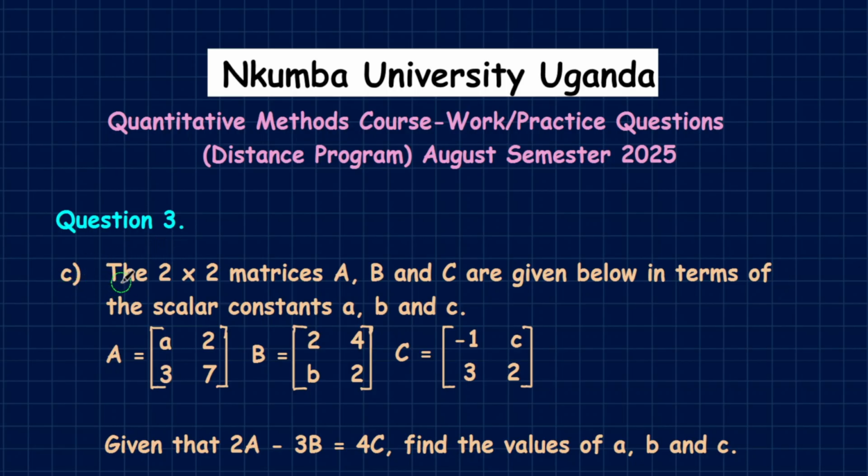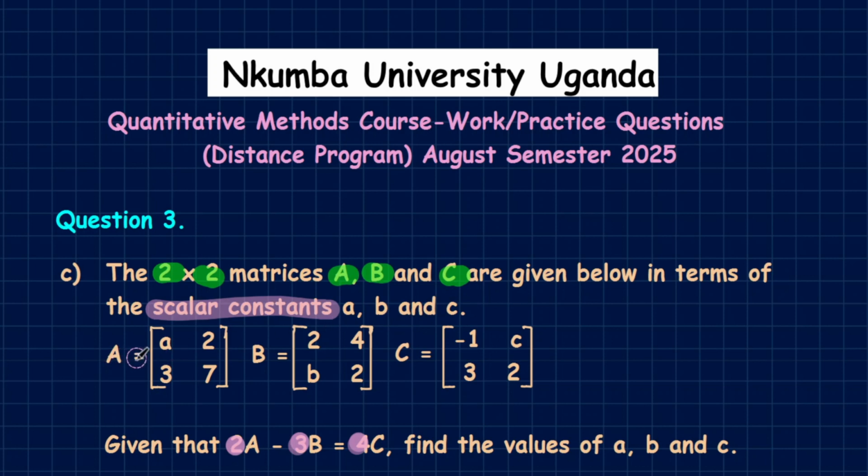Question 3 part C says the 2 by 2 matrices A, B, and C, of course 2 by 2 is the order of the matrix, are given below in terms of the scalar constants. As you can see, the scalar constants are these values attached to A, B, and C. We are also given some elements here, small a, small b, and this c.